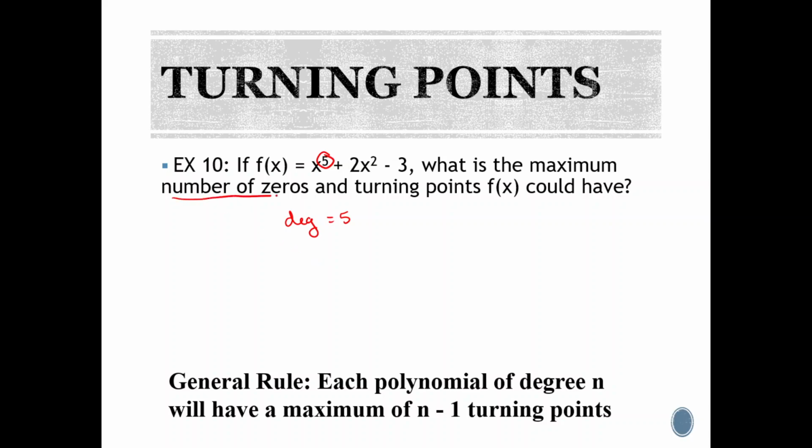So the number of zeros is 5. The number of turning points is less than or equal to 4. Okay, 1 less than the degree that the function has.